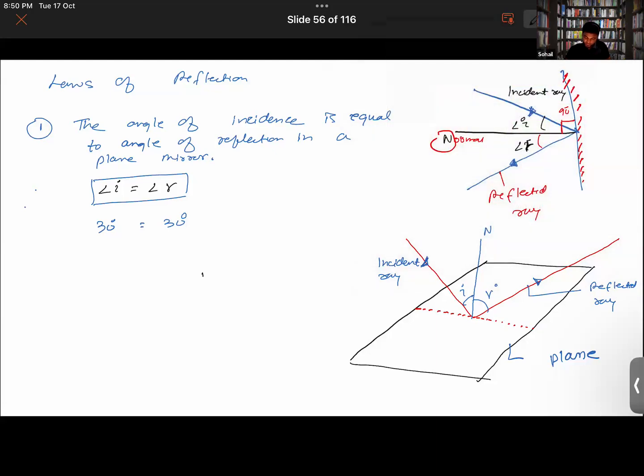If you were to place a paper here like this, let's place a paper over it in this manner. So that is a plane here. Why is the pointer not working?